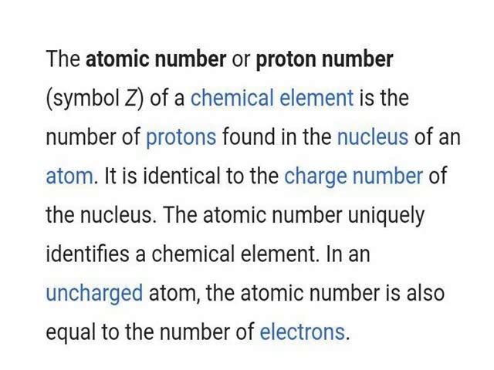The atomic number uniquely identifies a chemical element. In an uncharged atom, the atomic number is also equal to the number of electrons. So these are the facts about the atomic number, which is generally represented here.